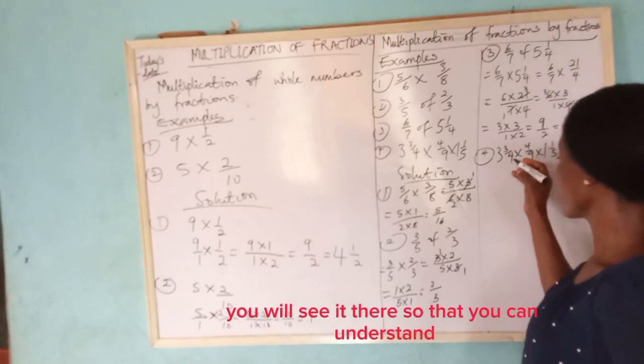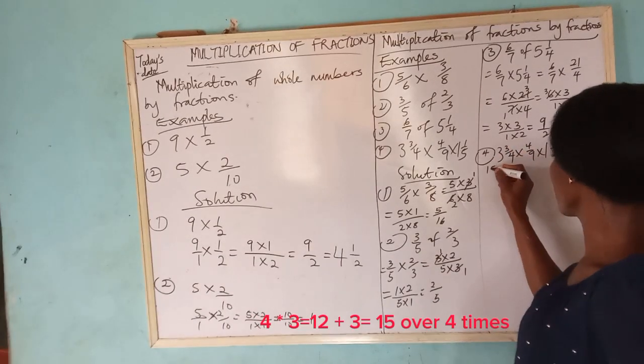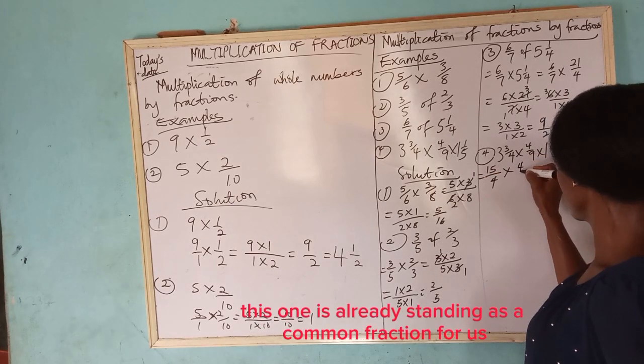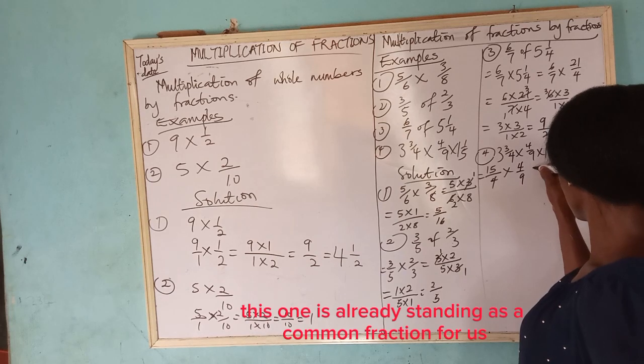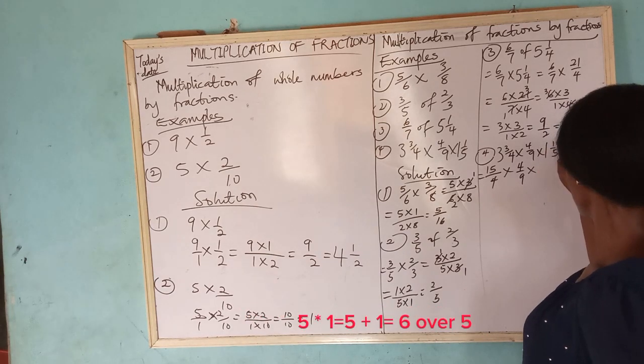You will see there so that you can understand it. 4 times 3 is 12 plus 3, 15 over 4 times, this one is already standing as a common fraction for us. 5 times 1, 5 plus 1, 6 over 5.